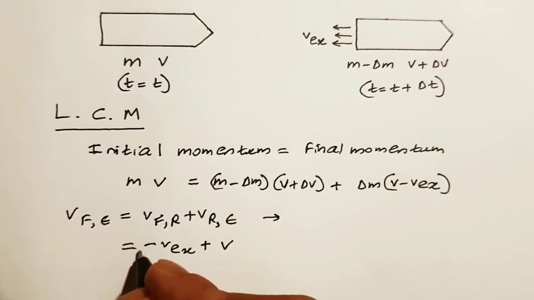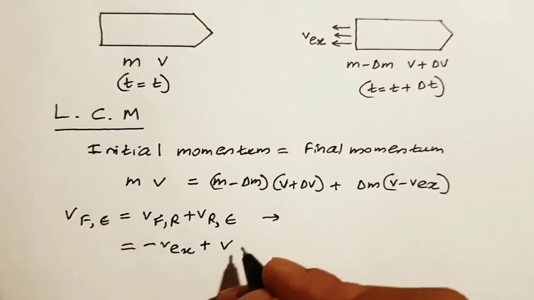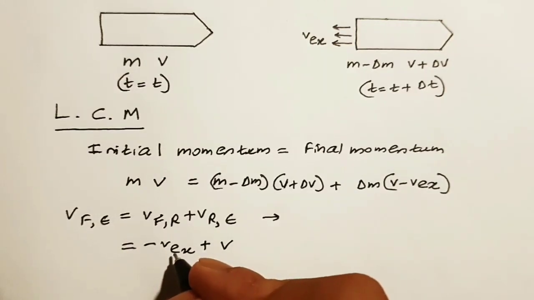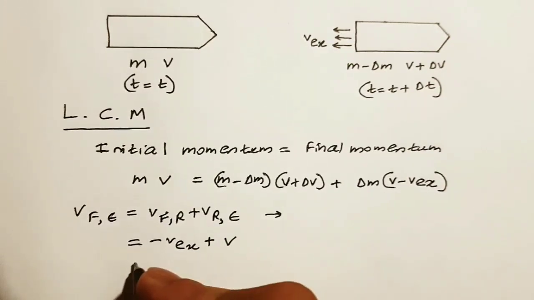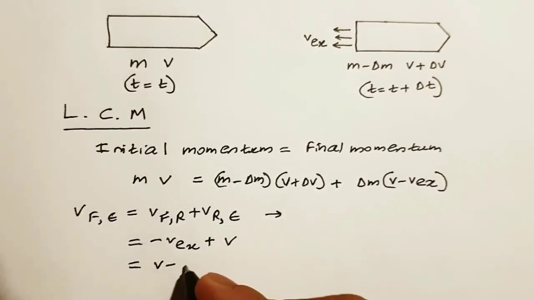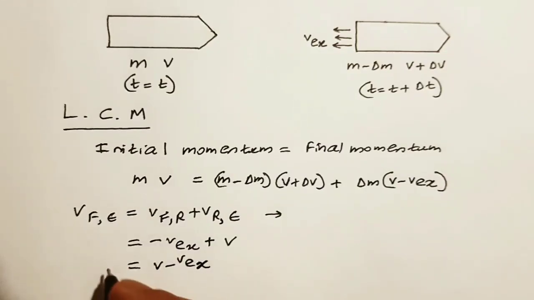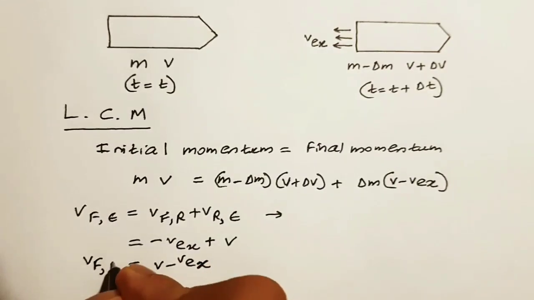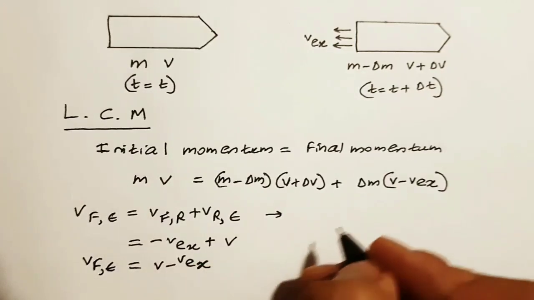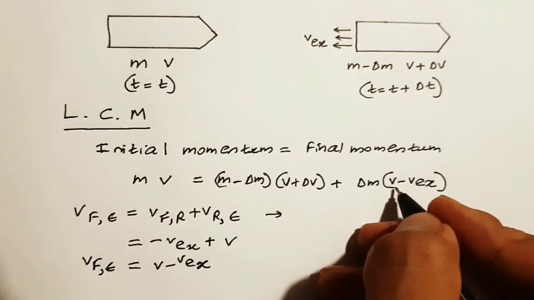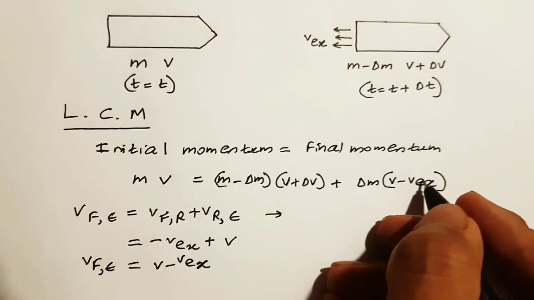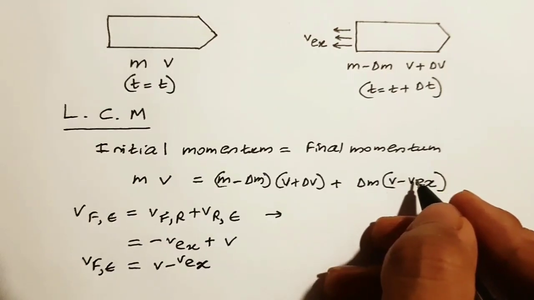So we obtain v minus v exhaust for the velocity of the fuel relative to the earth. When we substitute this into the fuel term, the velocity of the fuel relative to the earth is v minus v exhaust.